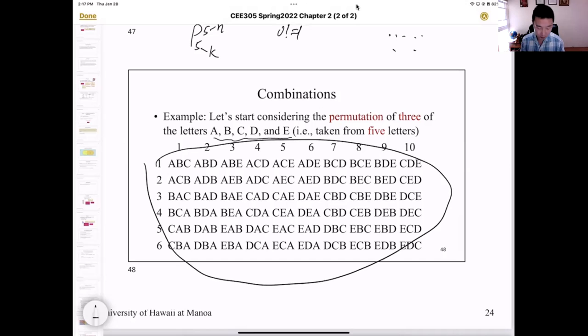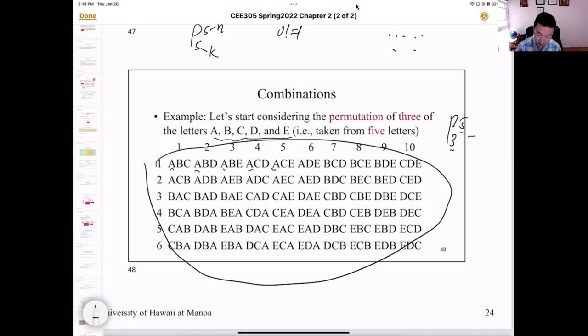The first letter we choose could be A, could be B. That will be P(3, 5), so we pick 3 from the total 5 letters.